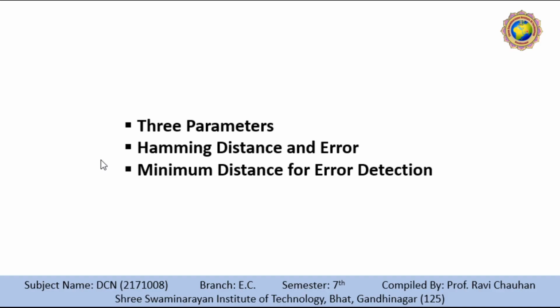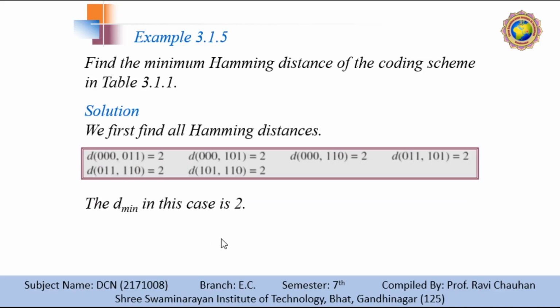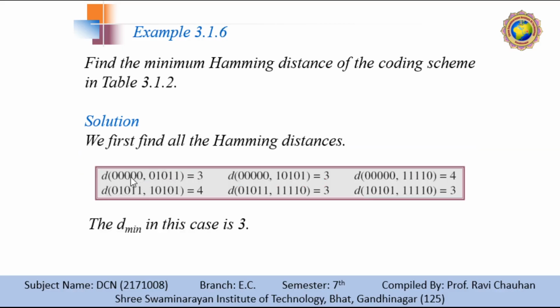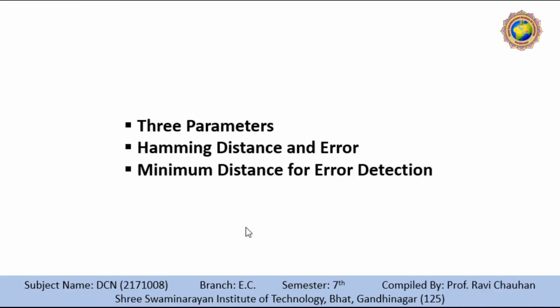For example, we can call our first coding scheme C(3, 2) with d minimum 2. C(3, 2) means 3-bit code words, 2-bit data words. In our second scheme, there are 5-bit code words and 2-bit data words, so C(5, 2) and d minimum is 3. So we have 3 parameters n, k and d minimum.